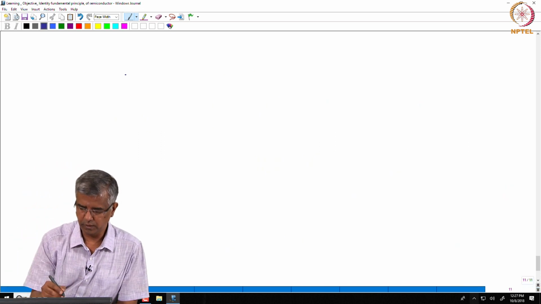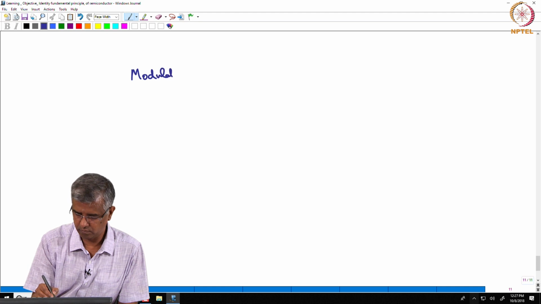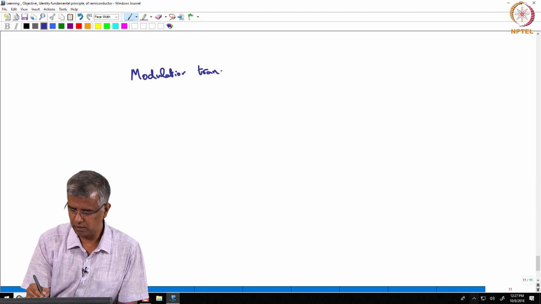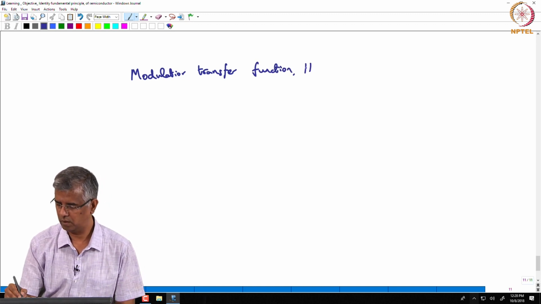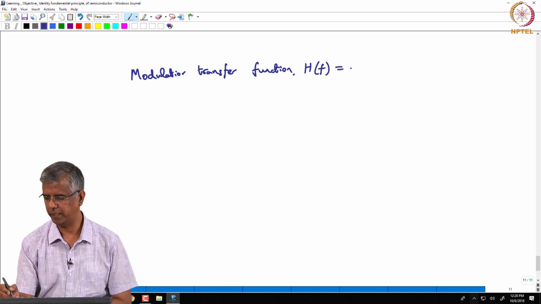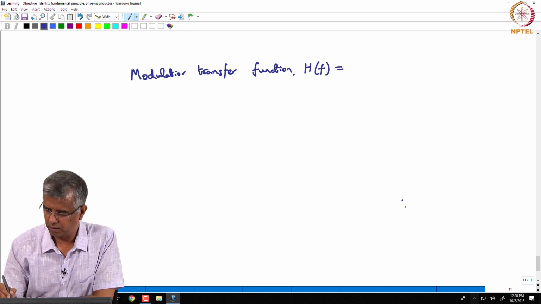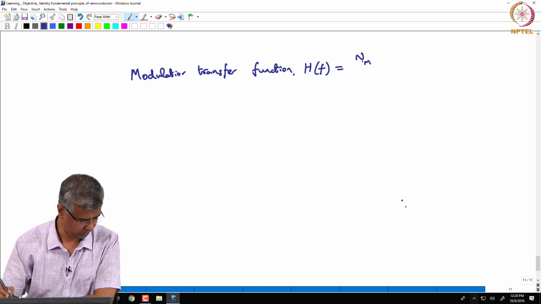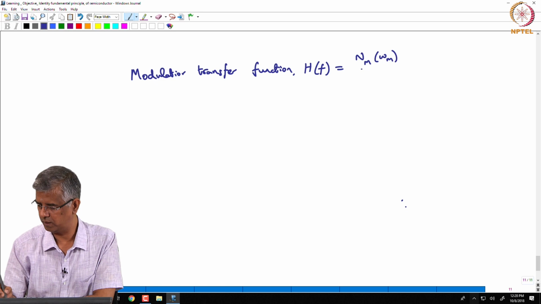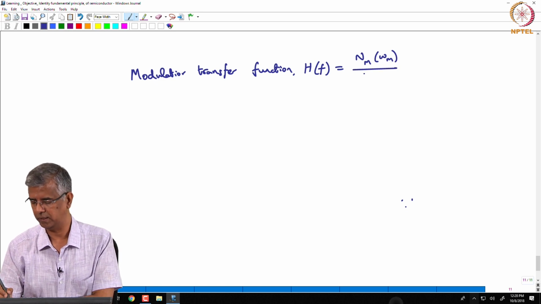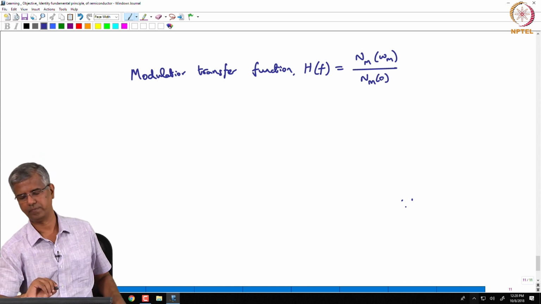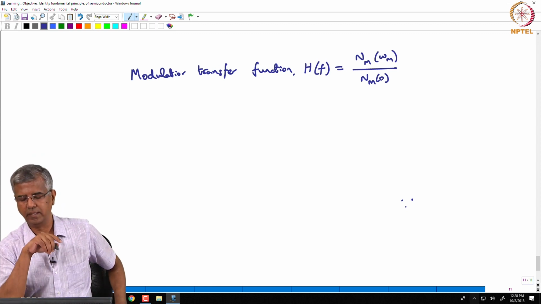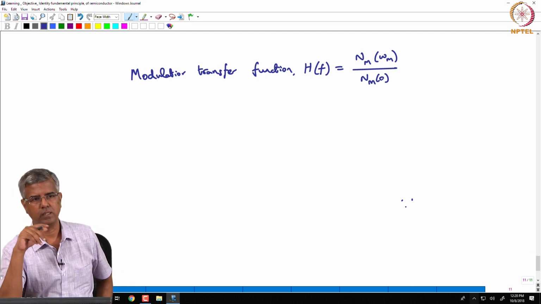So, I can say that the modulation transfer function h of f is going to be given by Nm of omega m, that is the modulation number density as a function of the modulation frequency, over Nm of 0, which is the steady state. So, you can imagine what this thing represents.